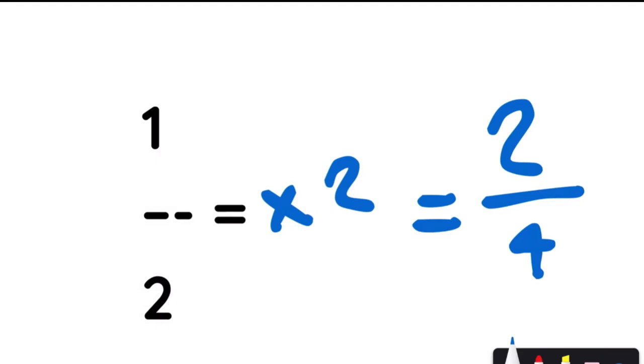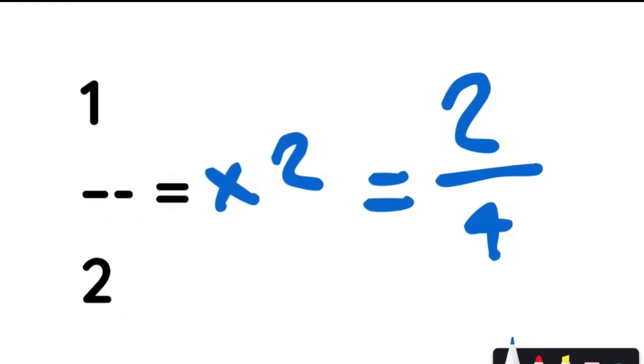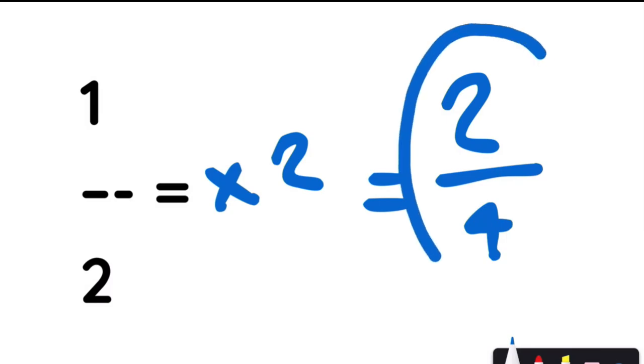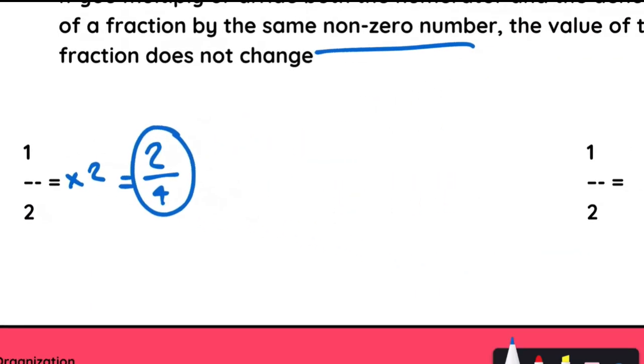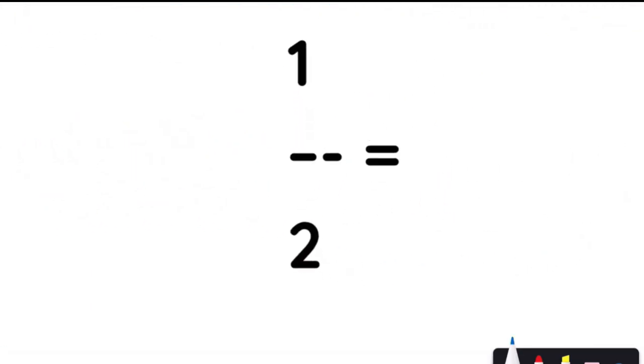Here we just want to do the property. So we do this type of multiplication, okay? So 1/2, and now we have another fraction that has the same value as 1/2, okay?